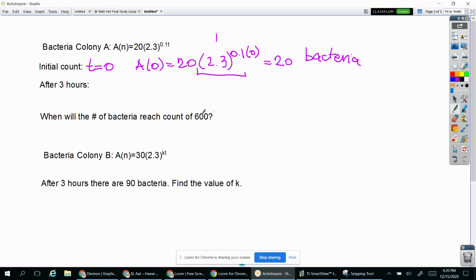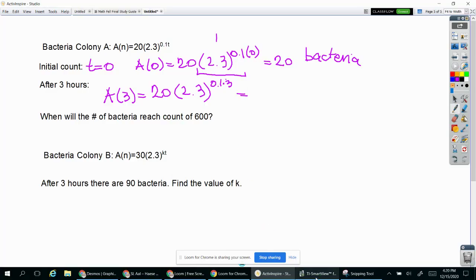Okay, let's see how many bacteria there were after 3 hours. So we're going to do 20 times 2.3, raised to 0.1 times 3. Let's see what that comes out to be.